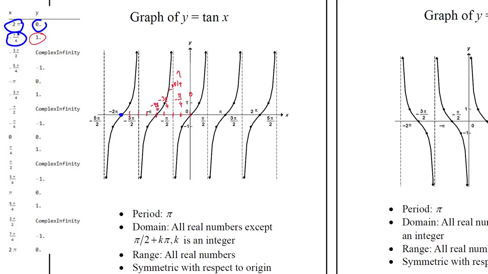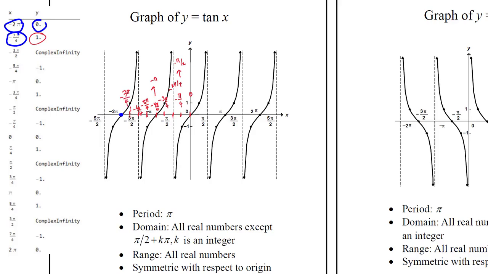This one is -pi over 2, this one is -pi. And then you have -5 pi over 4, -6 pi over 4, and then this one, -7 pi over 4.